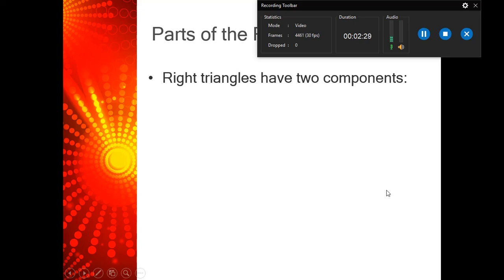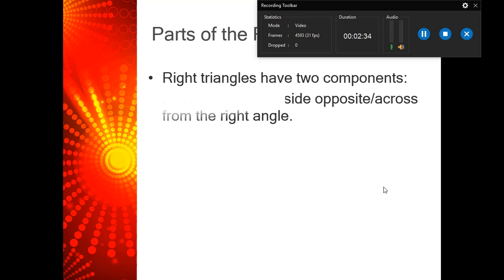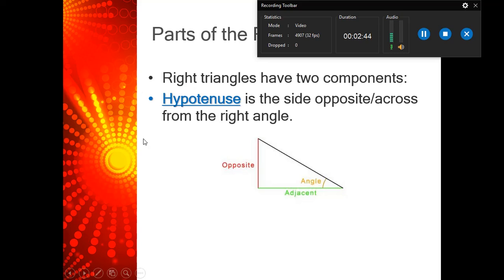Just to review, on our right triangles, we know we have 2 different components. The first is the hypotenuse. The hypotenuse is the longest side of the right triangle, and it's always found across from the right angle. So if this is my right triangle, the right angle might be here in the bottom left corner. The hypotenuse is always across from that. That will never change.